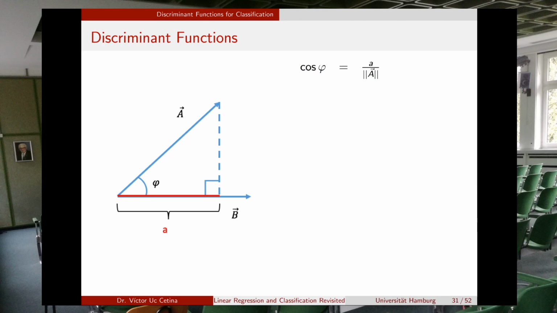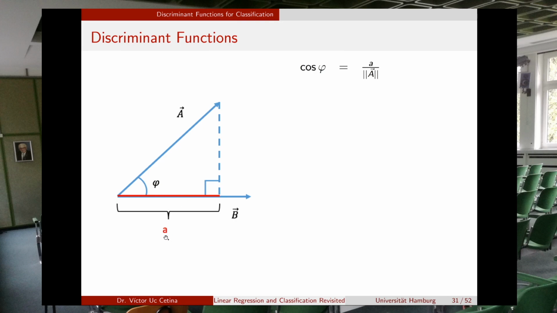So let's review how we can compute the projection of vectors. Consider these two vectors, A and B, at an angle phi, and we want to project vector A over vector B and see what is the length of this projection.